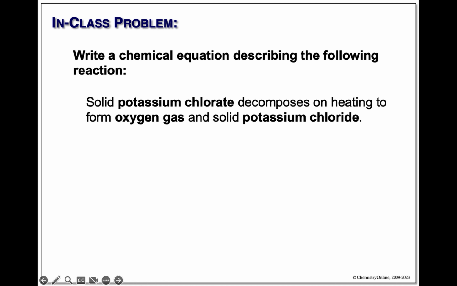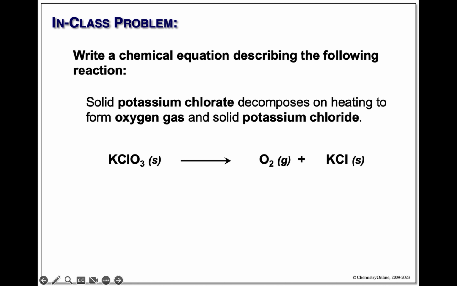Potassium, of course, is +1, so there's KClO3, and it's solid. We're going to make oxygen gas. We remember oxygen exists as 2 oxygen atoms stuck together, so that's O2. Finally, we're making potassium chloride, +1, -1, simply KCl. That's our basic starting equation.